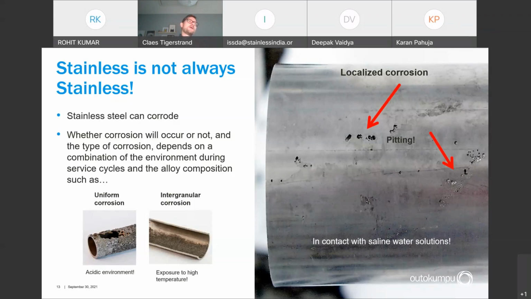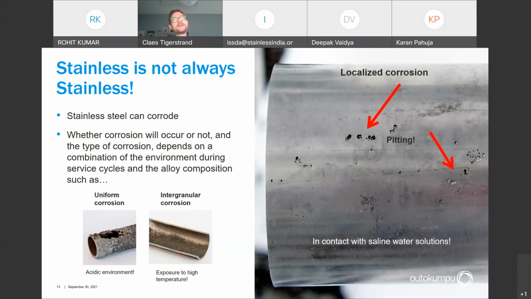Then if you are in an acidic environment, then you can suffer from uniform corrosion. So then you will have corrosion evenly distributed over the surface. So this is more like what you get on red rust on a carbon steel, a uniform corrosion.